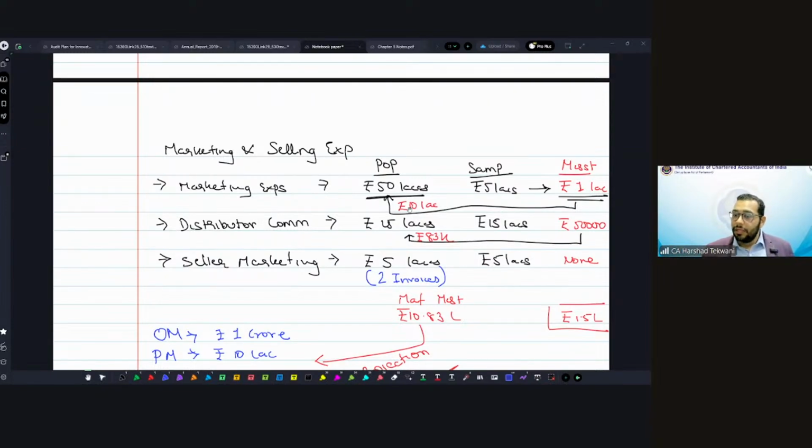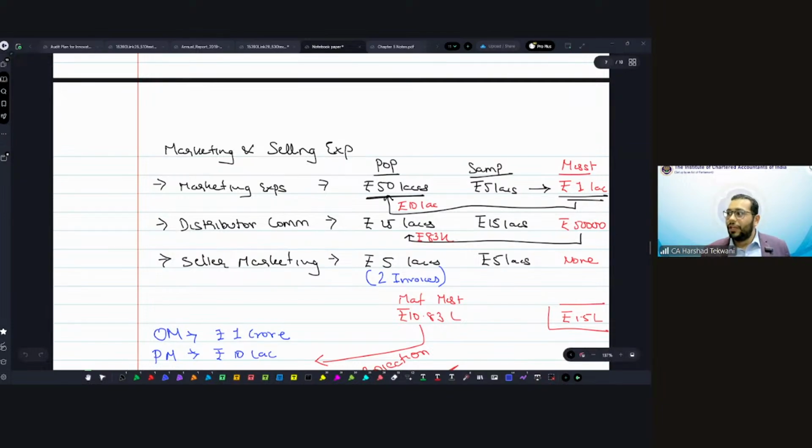Then out of 10 lakh, 1 lakh will become misstatement. My projection ratio will change. Yes or no? Now, if I had not tested the additional 5 lakhs, at that point in time my projection was wrong. Are you getting the point?